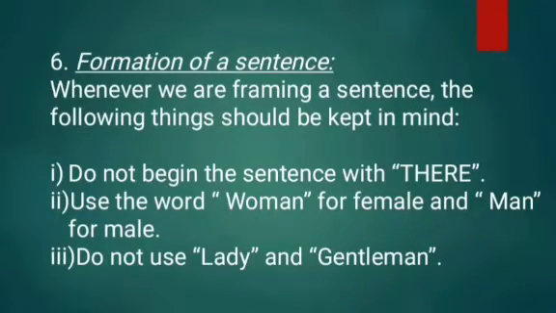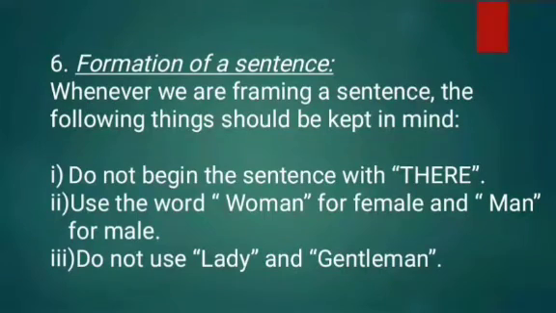The sixth rule is formation of a sentence. Whenever you are framing a sentence, the following things should be kept in mind. First is, do not begin the sentence with there. For example, there are birds flying in the sky. No, this is wrong. You will write birds are flying in the sky.